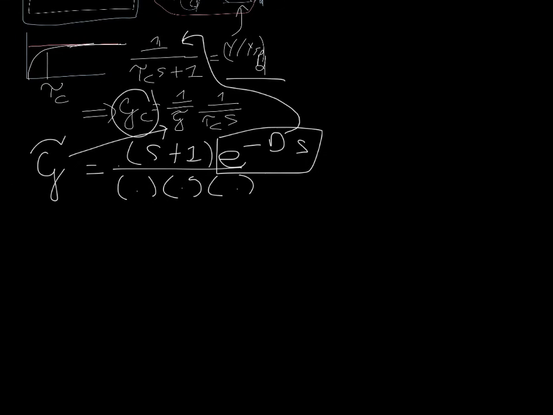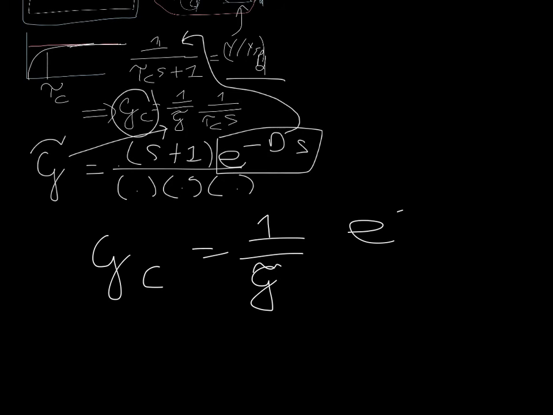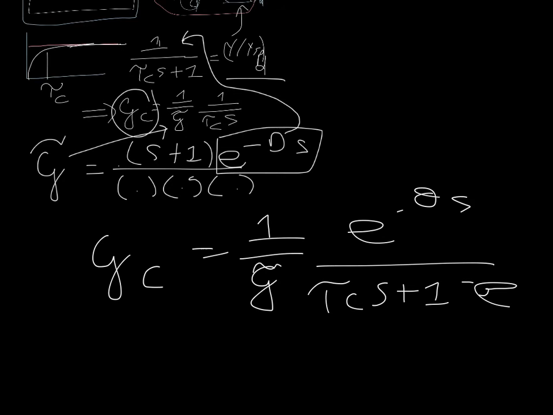We'll end up with a slightly different equation now. We'll end up with GC is equal to 1 over G tilde with some dead time, e to the minus theta s, over tau_c s plus 1 minus e to the minus theta s.